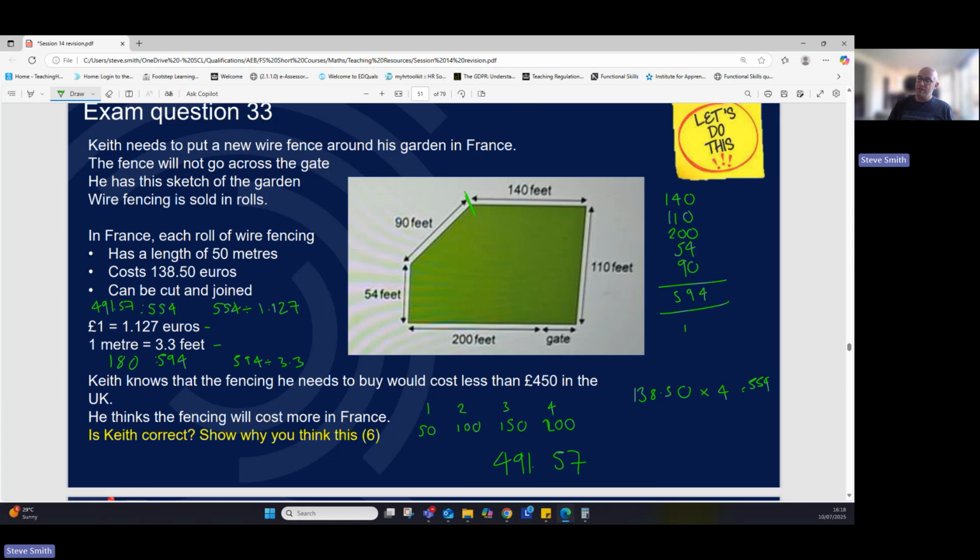He thinks the fence in France will cost more. France price, UK price. Yes, he's correct. We've changed it into pounds and we've still got £41 more, and it's more than the price he's paying in England.